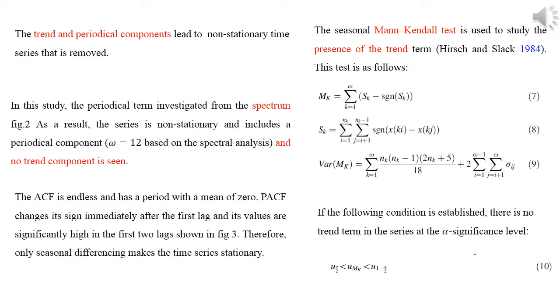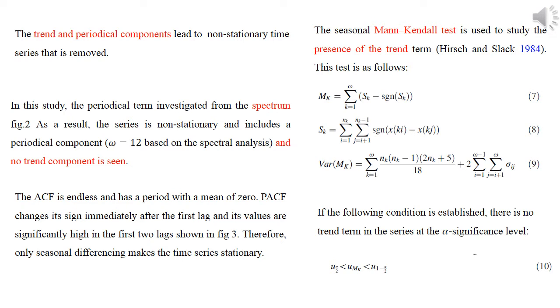So the periodical component is present and no trend has been seen from this figure. The ACF is endless and has the period with mean 0, and the PACF changes its sign immediately after the first lag, and its values are significantly high in the first two lags, shown in the next figure, and therefore only seasonal differencing can make the model stationary.